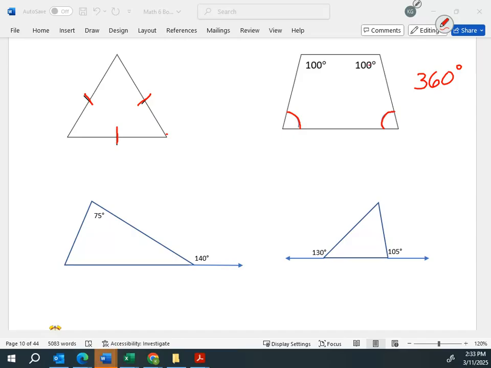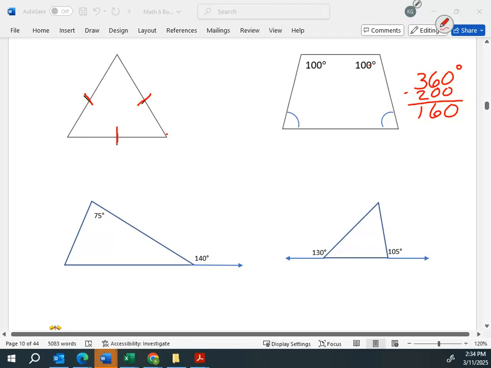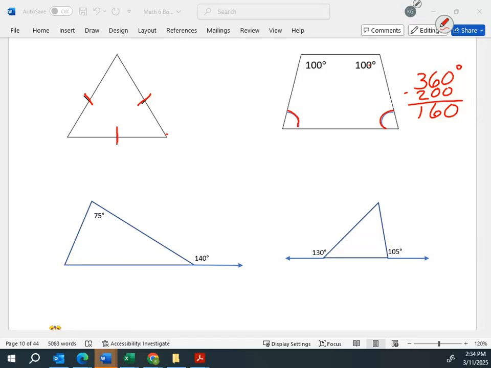We have 100 and 100, so I'm going to subtract that 200 away from that, and I'm left with 160 degrees, and that needs to be split up equally between those two angles. So we've got angle 1, angle 2. We need to divide 160 equally between the two angles.